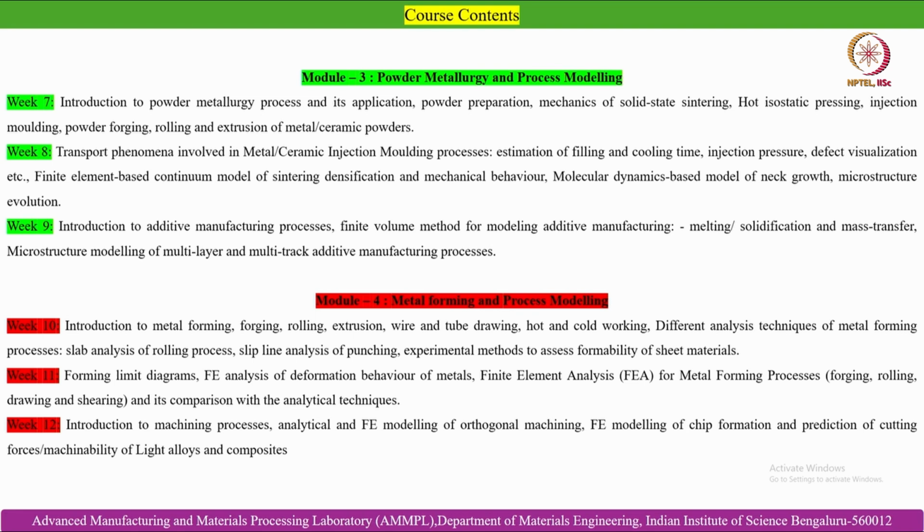We will also discuss how we can develop process models which can combine the macroscopic FE model with the capability of predicting chip microstructure. We will also discuss the FE model to investigate the chip size distribution and also the cutting forces, judging machinability of light alloys and composites.